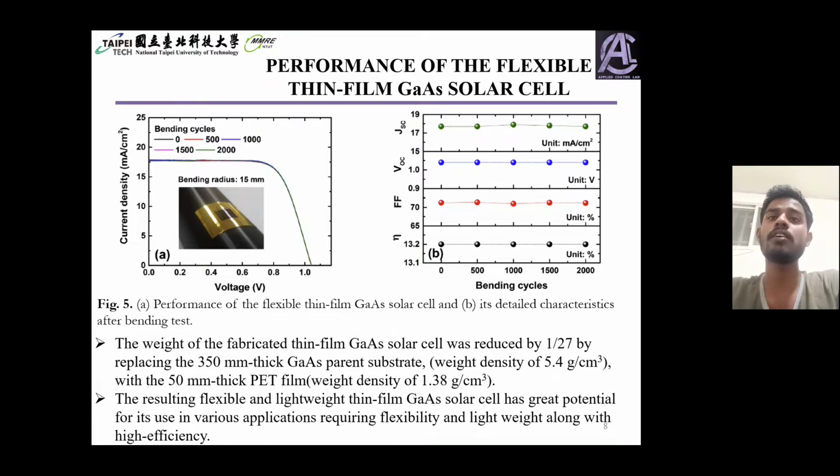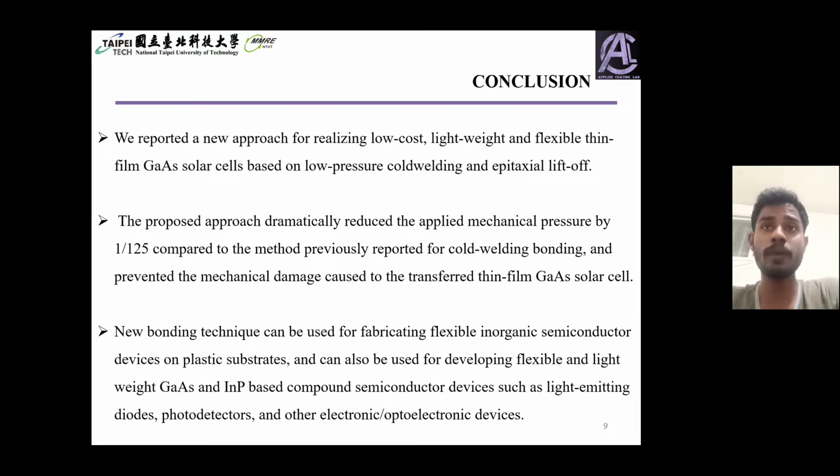And finally, the conclusion. Here we reported a new approach for realizing low cost, lightweight and flexible thin film gallium arsenide solar cell. It is based on low pressure cold welding and epitaxial liftoff.